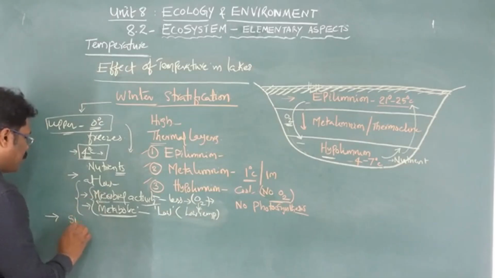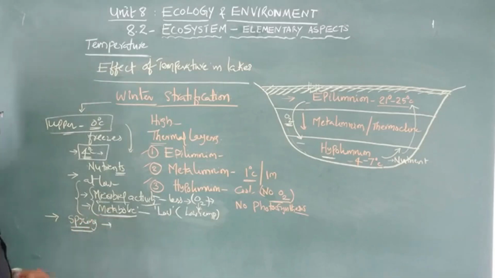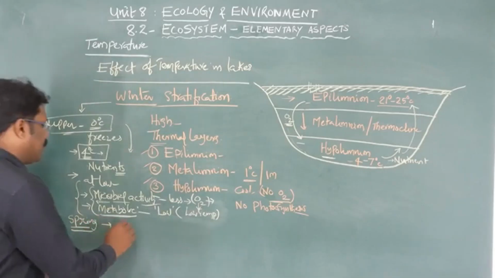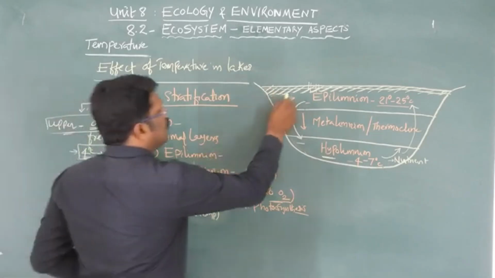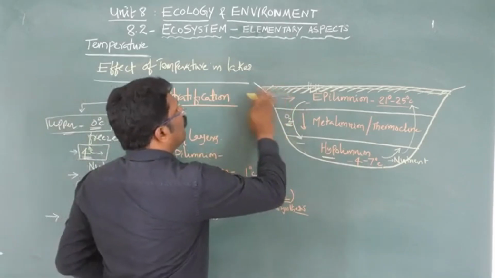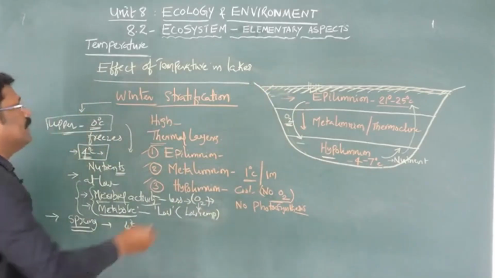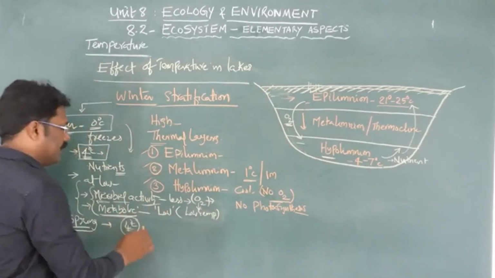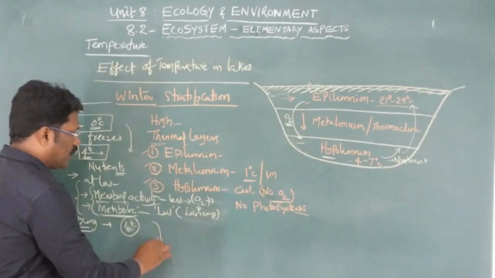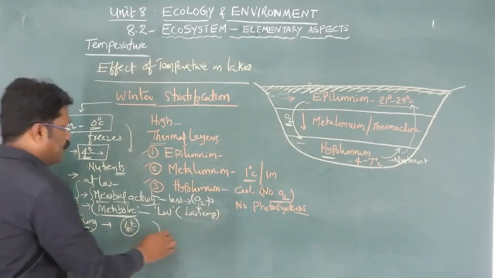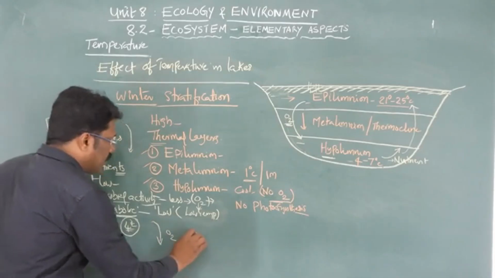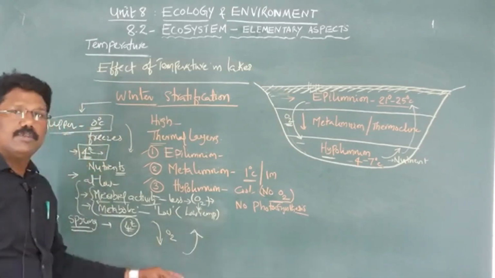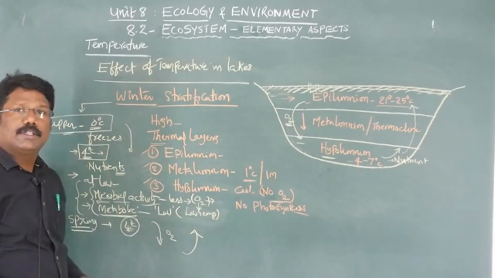The spring comes, and during the spring the temperature rises to 4 degrees centigrade and the upper layer will melt, and at 4 degrees centigrade the upper layer will again come down, bringing the oxygen rich materials, and the nutrients that are available in the lower region will be circulated to the upper region.